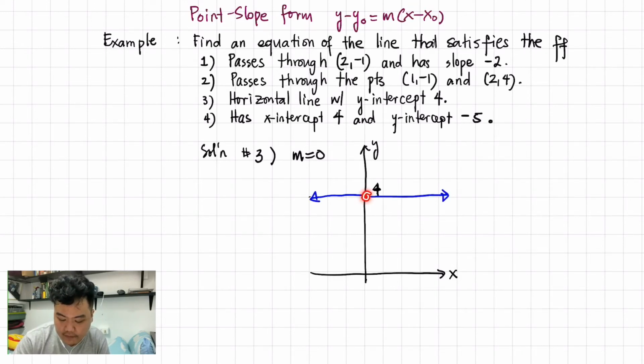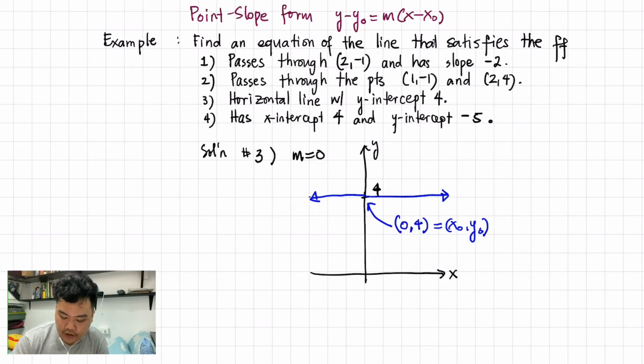So, we have this point. So, this point has coordinates what? It's on the y-axis, so the x-coordinate is 0 and the y-coordinate is 4. So, this will serve as our x naught, y naught, a point on the line.